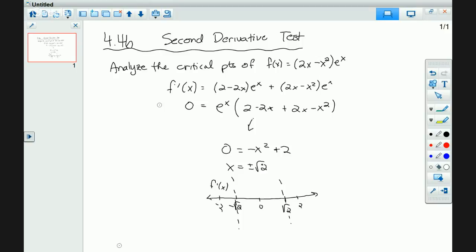If I plug 2 in the derivative, this gives us a negative.